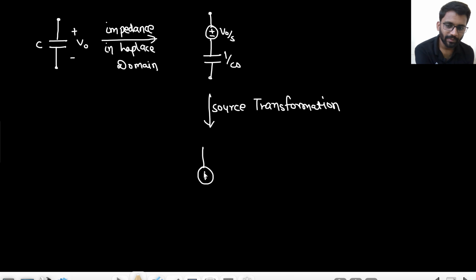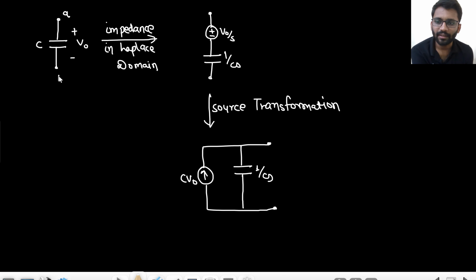So the current source will be V naught by S upon the resistance, that means into CS. So the current source value will be CV naught, in parallel with the resistance 1 by CS. That's how you can replace it as well.